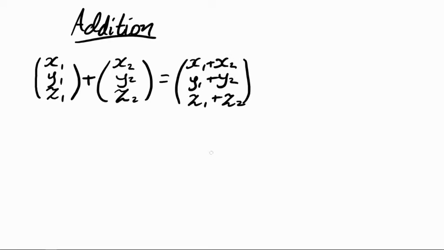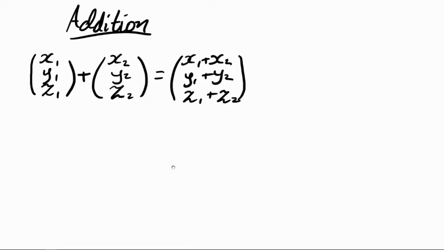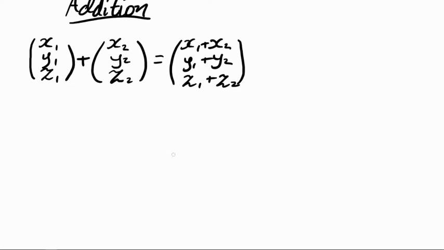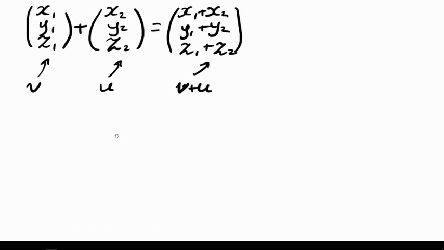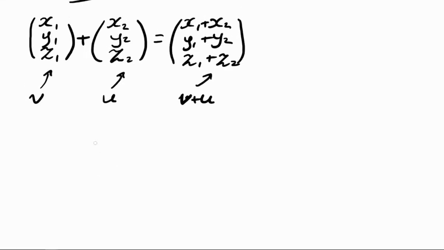But then what does this actually look like? If we can draw vectors as arrows, then we can draw the two vectors we're adding together as an arrow and the result. If we position them in a certain way, we get a really neat drawing. Let's call this vector v and this vector u. Then this is v plus u. Let's just imagine some vectors.